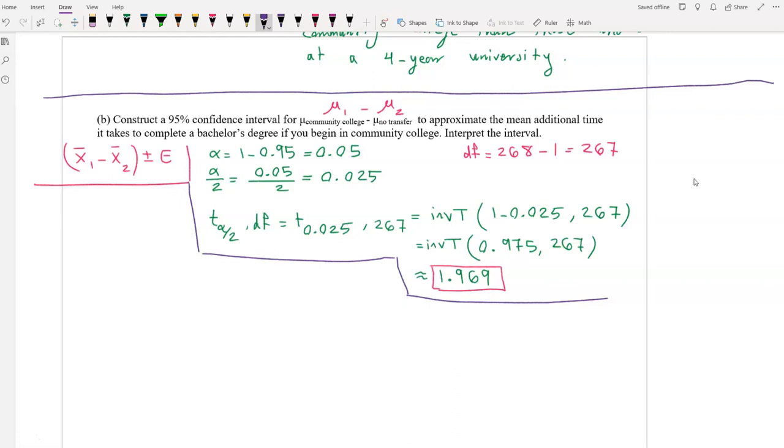Then after finding t, we can find E. So first we did this one, now this part.